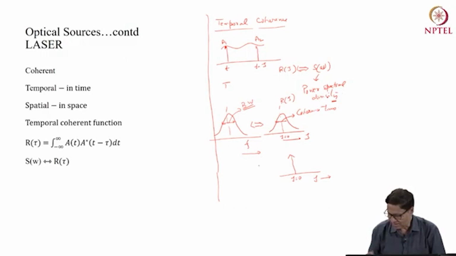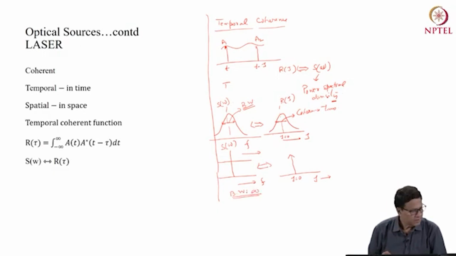If I take the Fourier transform of such a thing, it gives you a flat response. This is f, and this is S(omega). So the bandwidth is actually infinite, which means the source is incoherent in time.